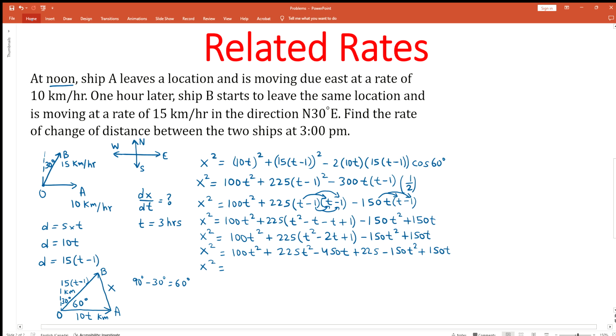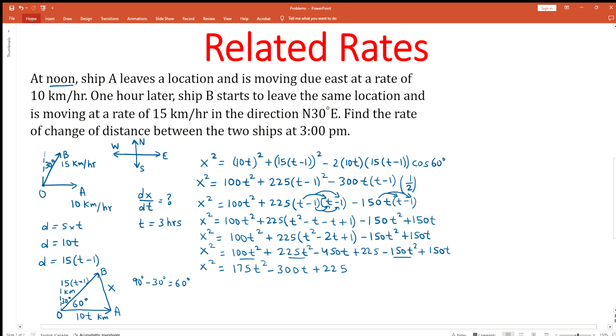We can combine the t squared terms. 100 plus 225 minus 150 is equal to 175t squared. Next, we can combine the t terms. Negative 450 plus 150 is equal to negative 300t plus 225.